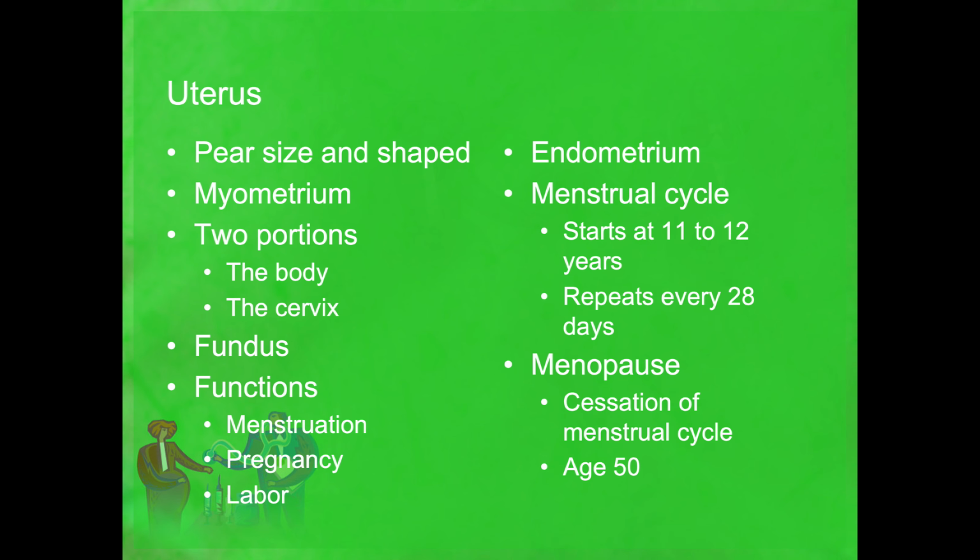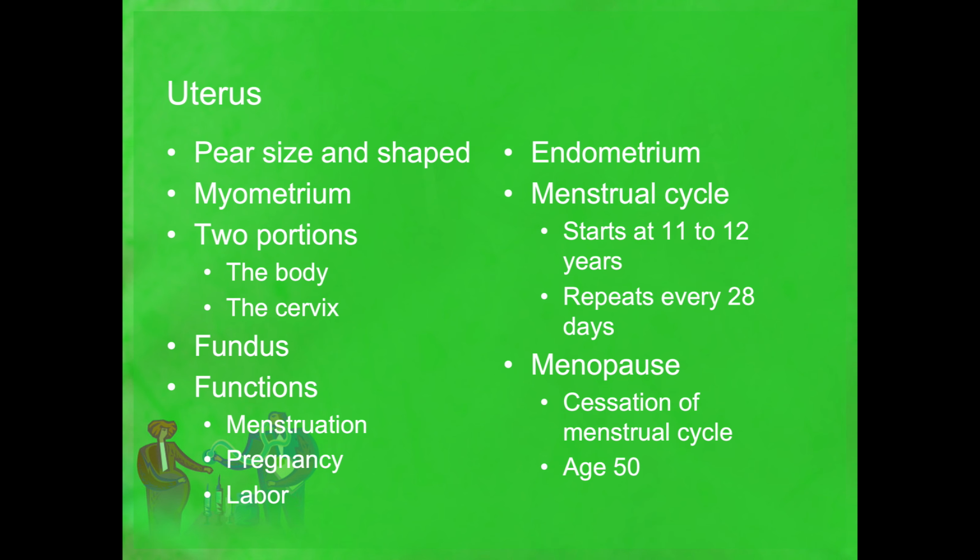Okay. The upper portion, when there's a baby inside, is also called the fundus. Okay, and that's where the baby's going to be housed. The purpose of the uterus is for menstruation. If there's no fertilization, the endometrium is going to shed itself and ultimately bring on menstruation. The uterus houses the pregnancy, the site where the baby is going to grow.